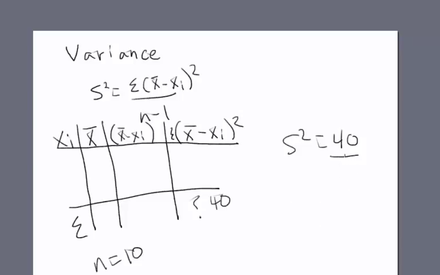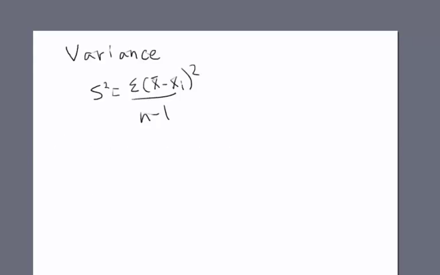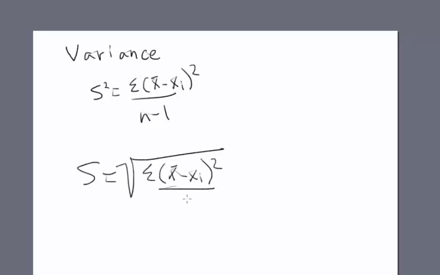What we could have done, instead of doing all of this work, is simply taking our value that we got from our calculation on standard deviation, which was the sum of the quantity x bar minus x sub i squared over n minus 1. And notice how these are almost identical. The difference is the square root.